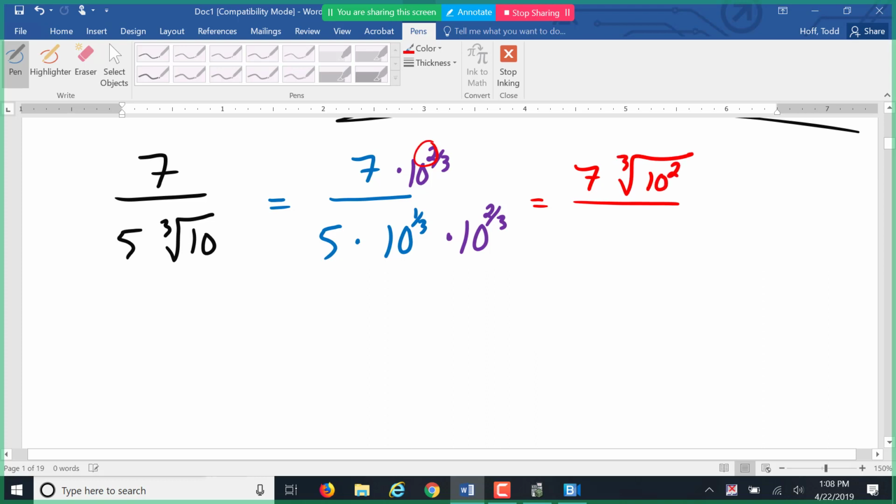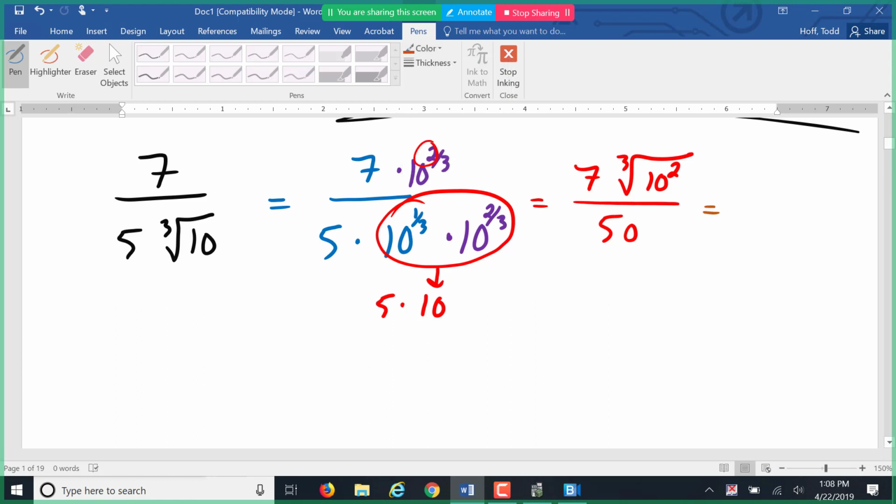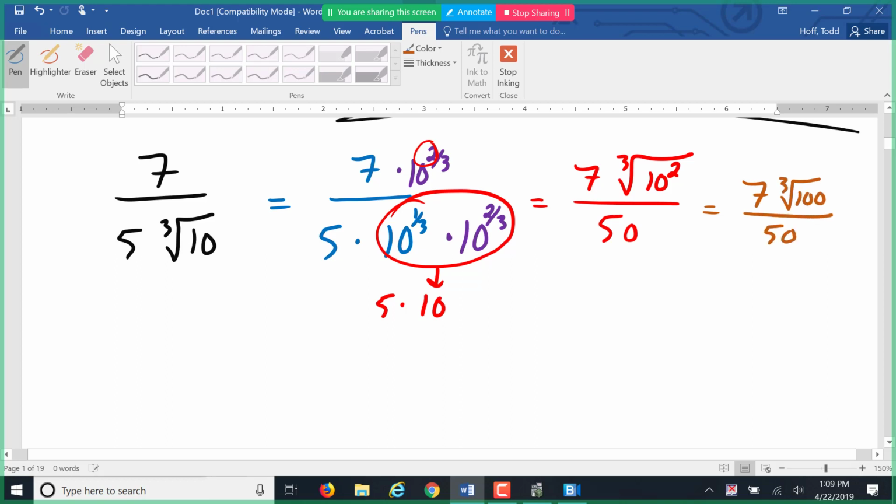Remember, the numerator is the power, the denominator is the index of the root. 10 to the 1/3 times 10 to the 2/3 is 10. So 5 times 10 is 50. So this becomes 7 times the 3rd root of 10 squared, which is 100, all over 50.